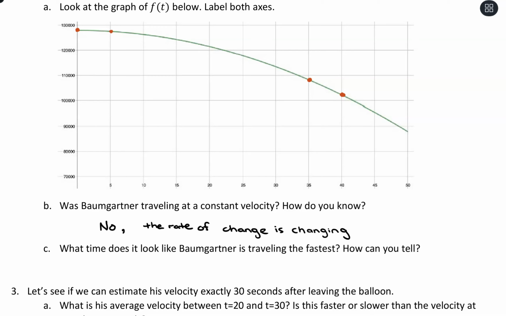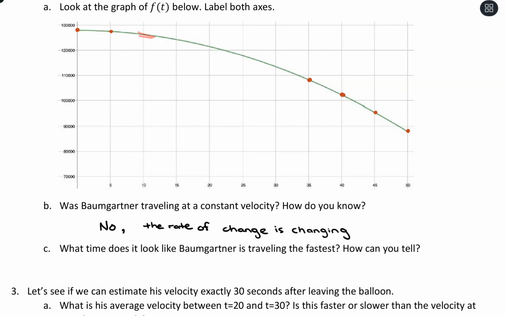Okay. What time does it look like Baumgartner is traveling the fastest, and how can you tell? Well, if we kept with that idea of 5-second increments, it looks like at the end here he's traveling the fastest. That would have the steepest secant line of all of these. You could imagine if we connected there, it's almost a flat line.